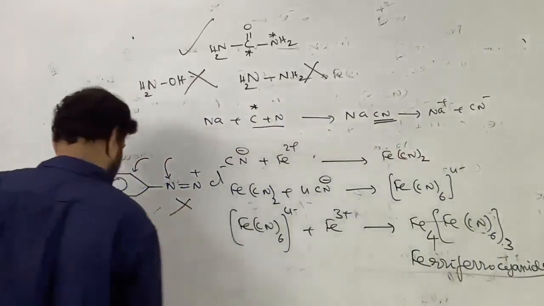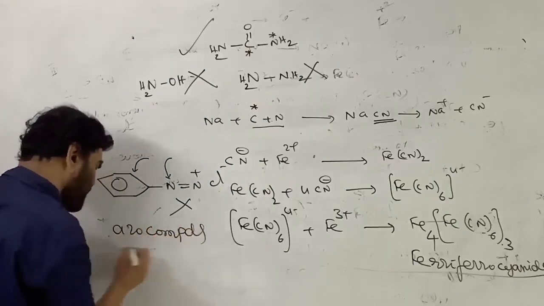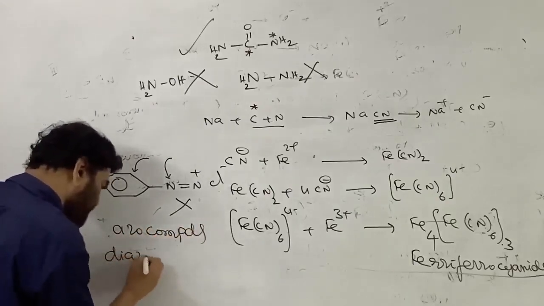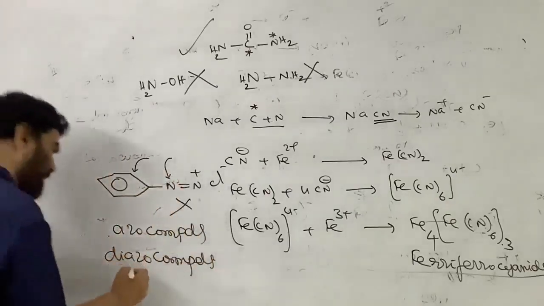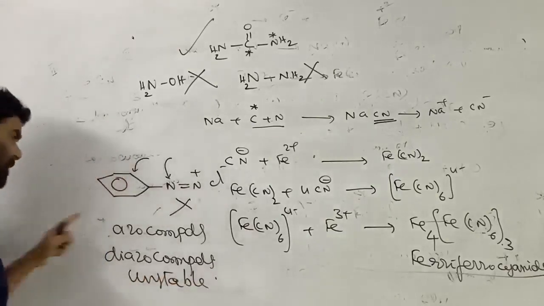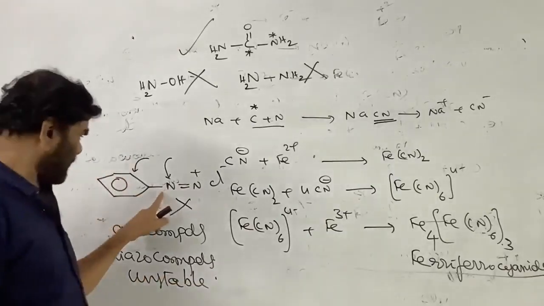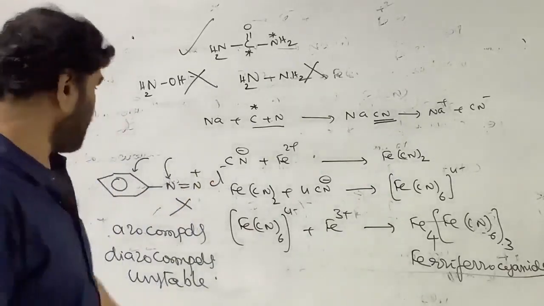These are called azo compounds, diazo compounds. These are very unstable. To carry out the test, the given organic compound has to be strongly heated with metallic sodium.